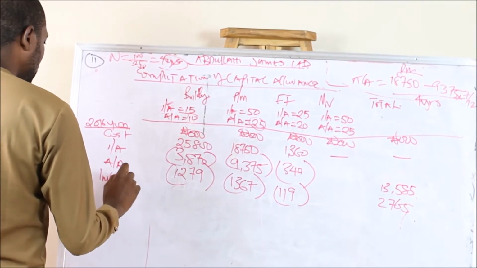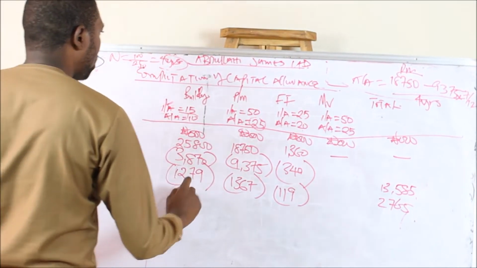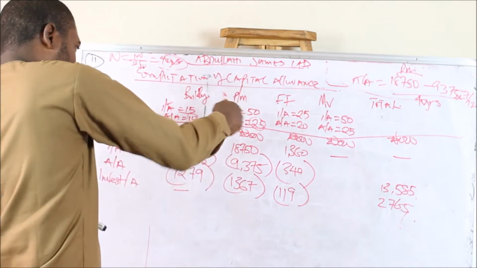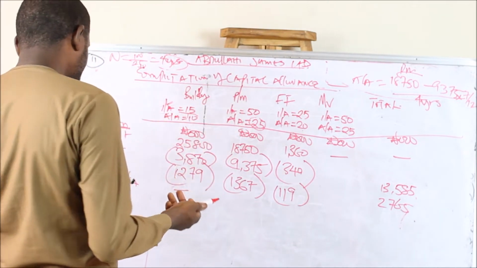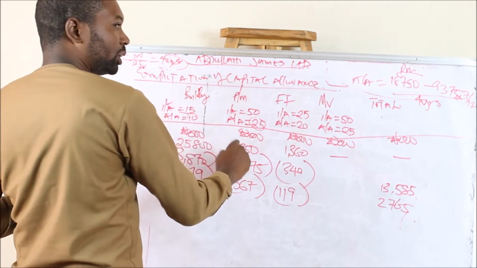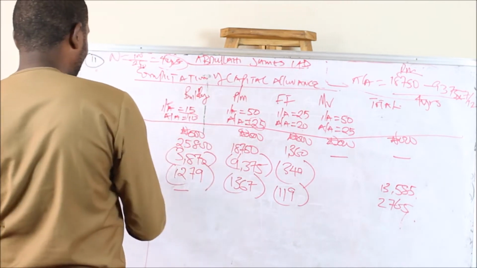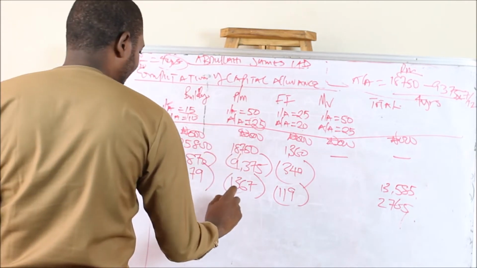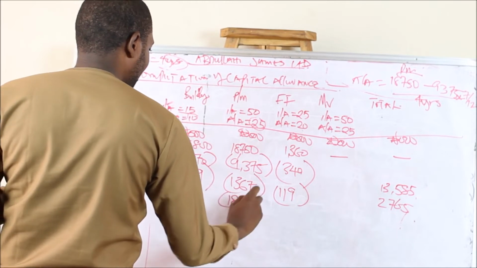Then remember, when I say investment allowance, investment allowance is only calculated on plant and machinery, and it's 10% on the cost of that asset. So in this case, as I said, it's only the plant and machinery that is going to enjoy the allowance. So 10% constant of this is going to be 1875.